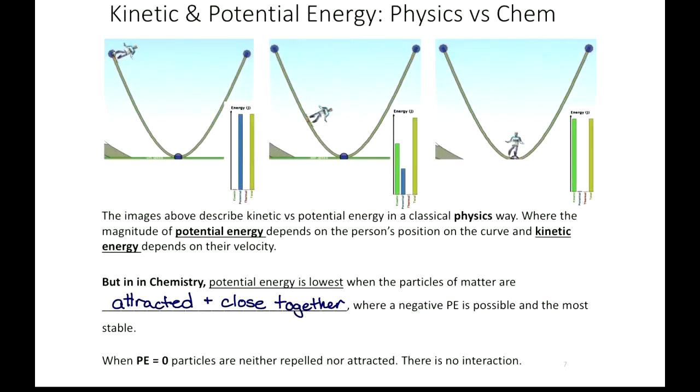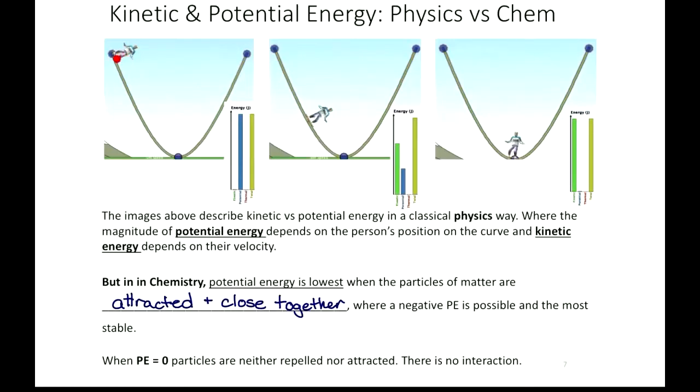energy in terms of physics and how chemists think about energy. Again, there are two components, kinetic and potential energy. In this picture, we see the prototypical physics definition of kinetic and potential energy. Potential energy is energy due to virtue of position.